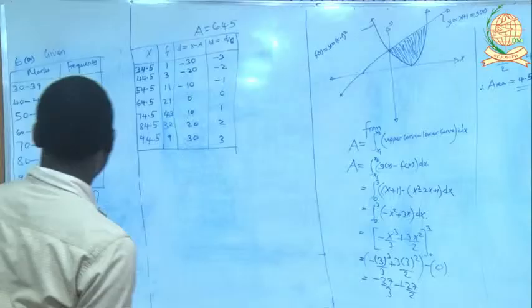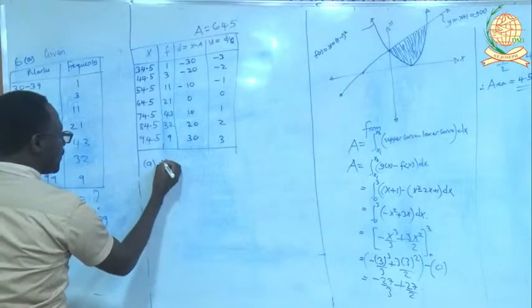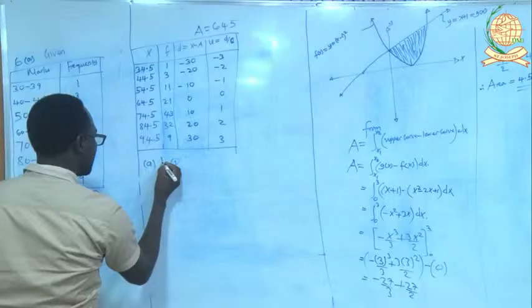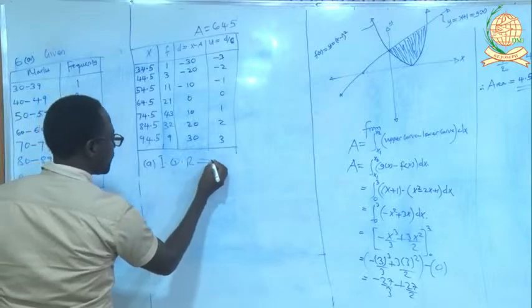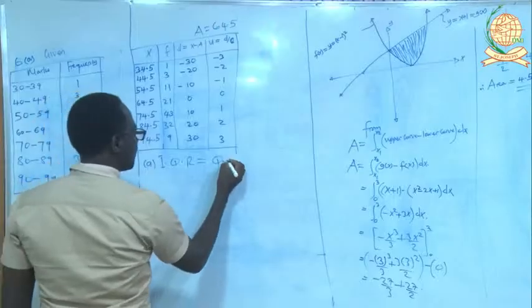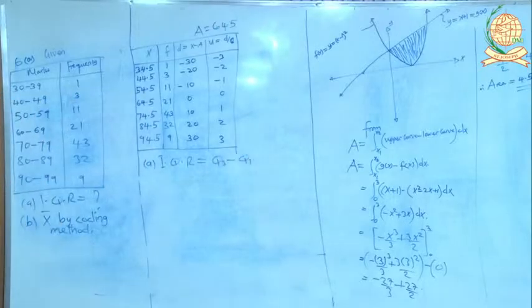Let's come now to part A. In part A, you need to find the interquartile range. This one is given by upper quartile minus lower quartile, Q3 minus Q1.